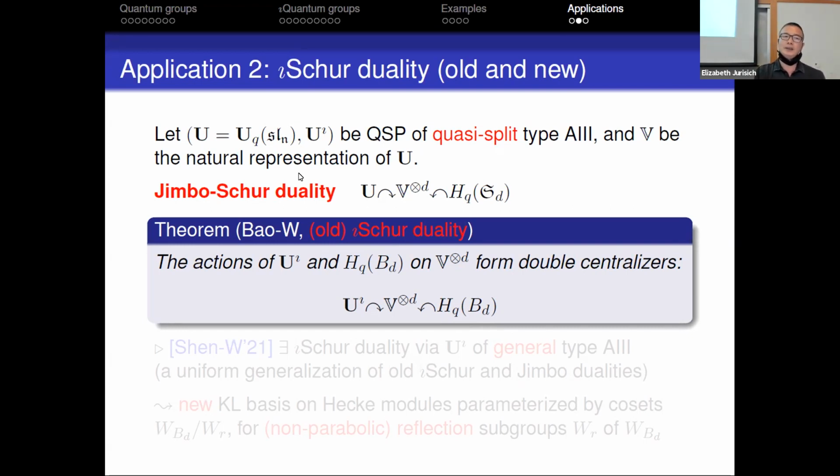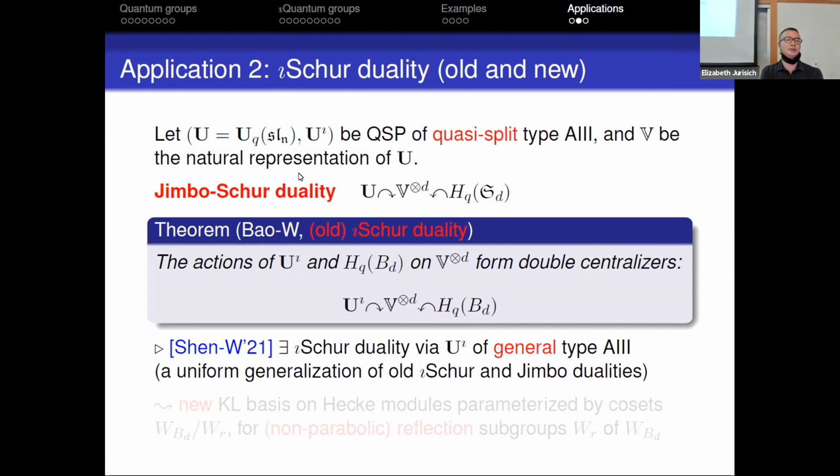And then turns out the double centralizer for the type B Hecke algebra, which is a larger algebra than type A, is now U^i, a subalgebra of U. And the claim is this is the iquantum group of type AIII. And this duality was significant in the application to the Kazhdan-Lusztig theory, but let's not get into that.